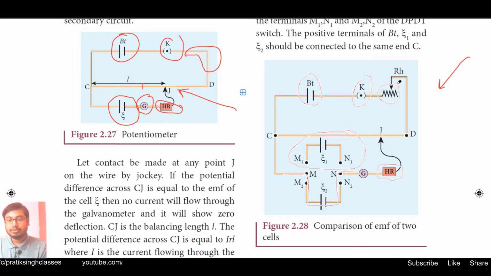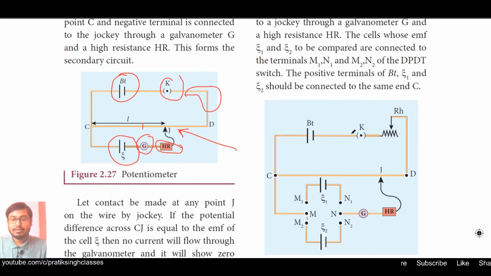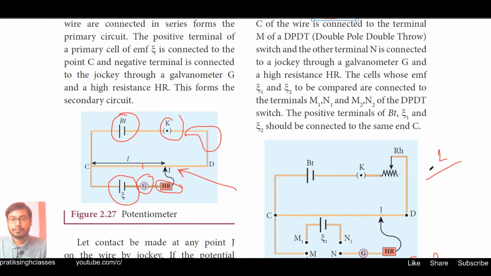Now, coming to the theory part of the book, let us see what is given here. Alright, this is a primary circuit. As you can see here, this is the primary circuit 1 and this is the secondary circuit 2.